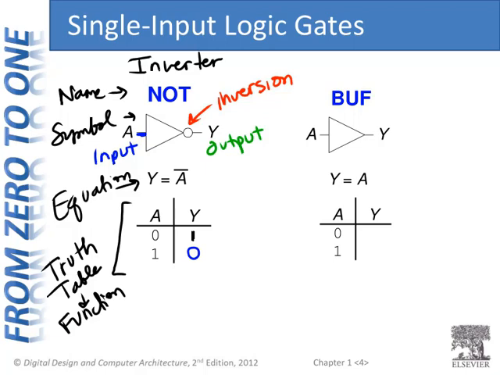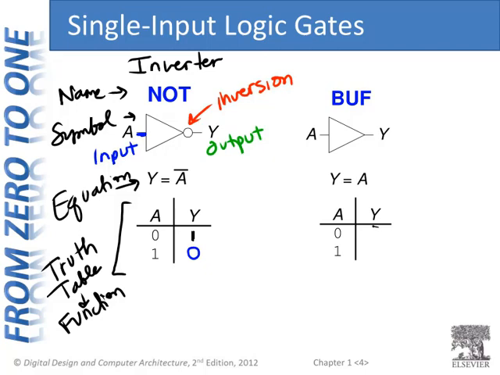A buffer, on the other hand, again has the name, symbol, equation, and truth table, each of the parts to specify it, as in the inverter or the NOT gate. So the buffer's symbol is just a triangle, input A, output Y, and the equation is read Y equals A. And the truth table is as expected.